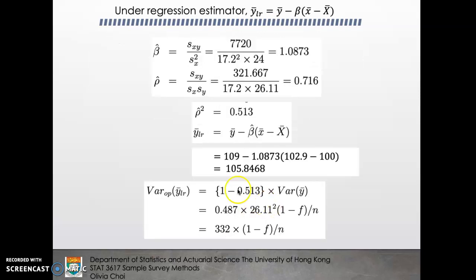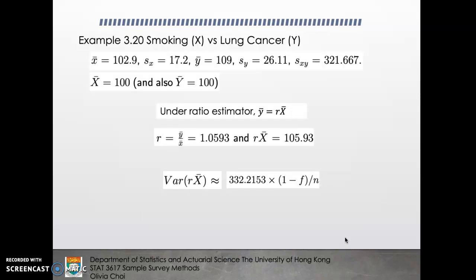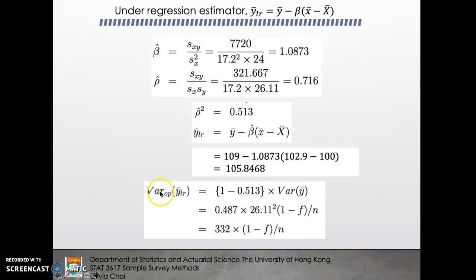So we can say that with our point estimate and the smaller estimated variance, we can use the regression estimator, which is slightly superior to the ratio estimator in this case. It has a smaller variance. Smaller variance means a smaller standard error or smaller bound on the error of our point estimate.